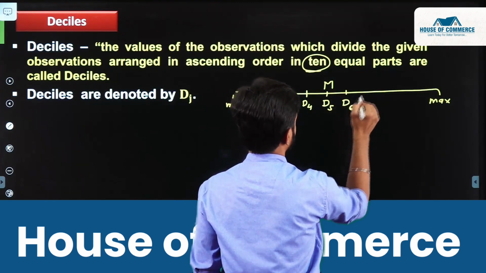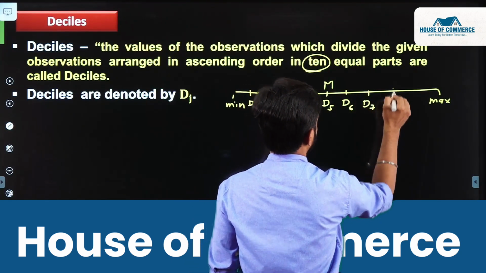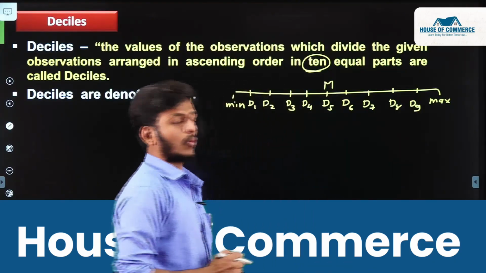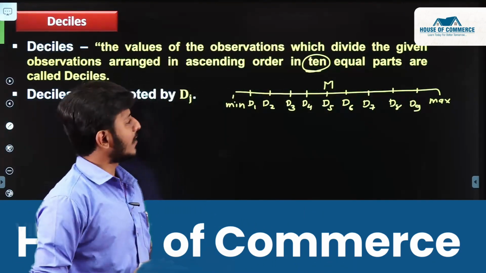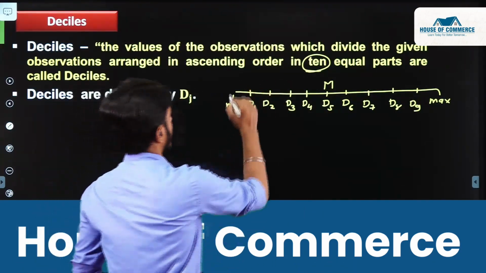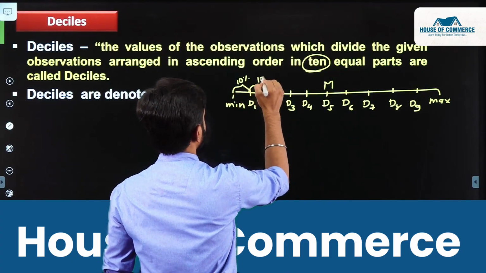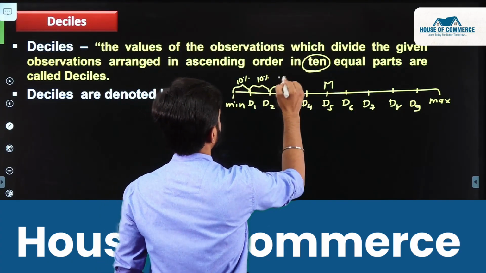Again, this is D6, D7, D8, D9. We require only 9 values for dividing all the observations into 10 equal parts, and each part covers 10% of the observations.